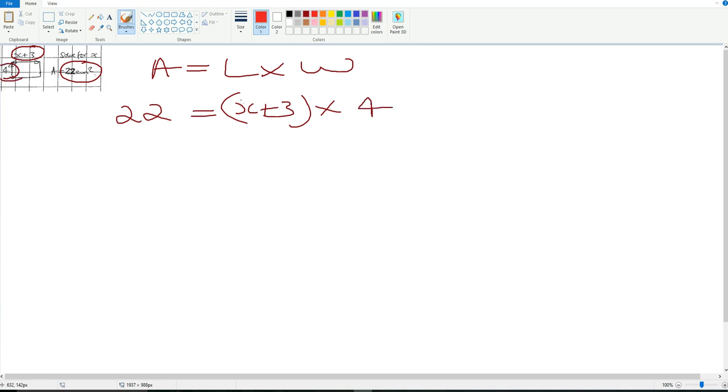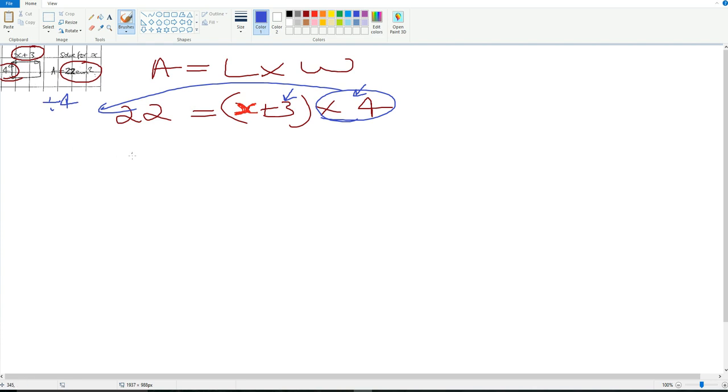Now, we have to work out the value of x, which I put in red over here, so you can see it clearly. In order for us to solve for x, we need to get rid of all the extra things. We need to get rid of the plus 3 and the times by 4. So this is the first thing being done to the x. This is the second. So we always move the second thing first. So opposite of timesing by 4 is dividing by 4.